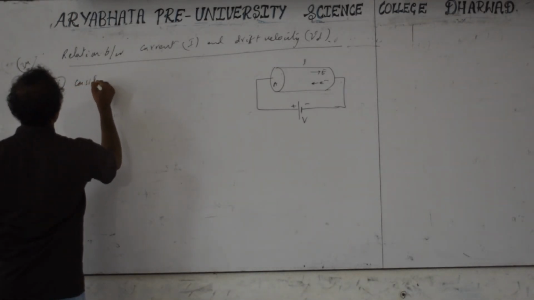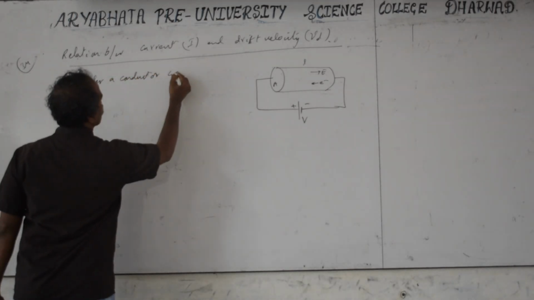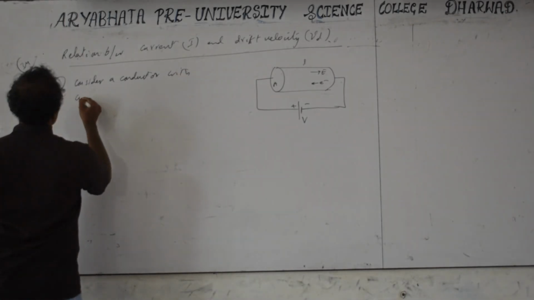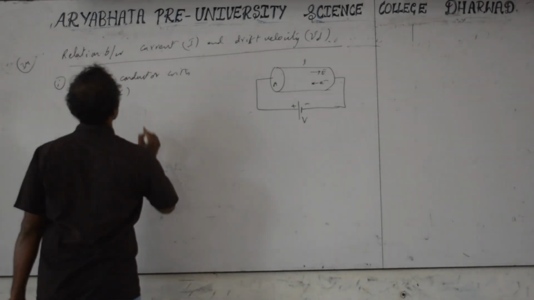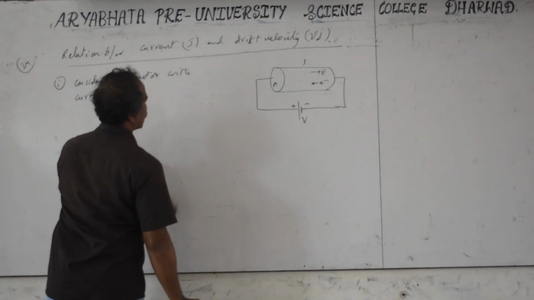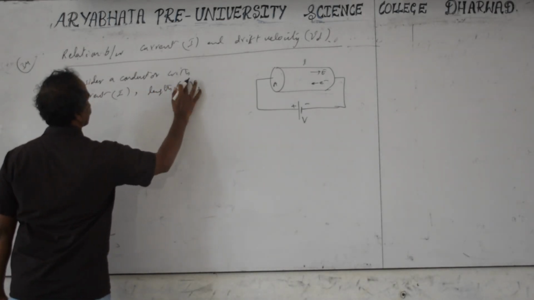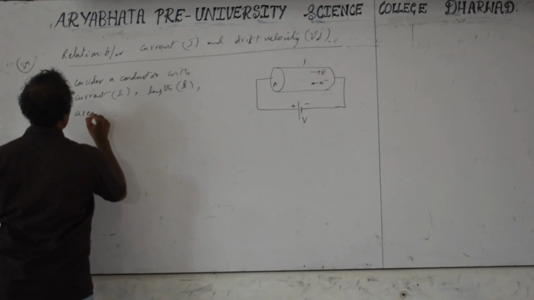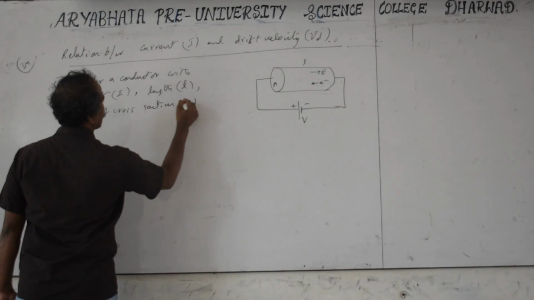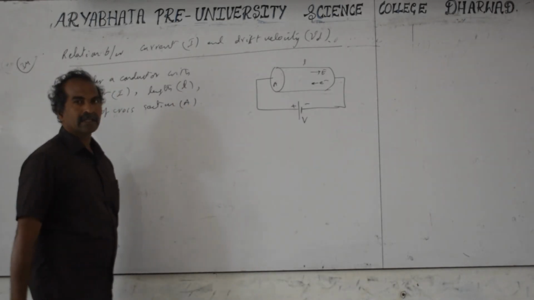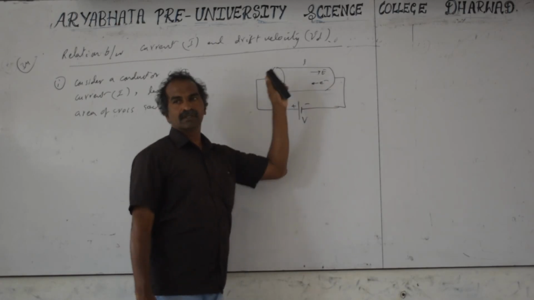Consider a conductor with current I, length L, and area of cross section A. We are considering a conductor of length L, area of cross section A, and we have a potential difference V across it.